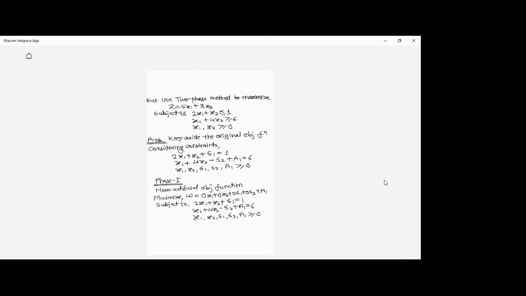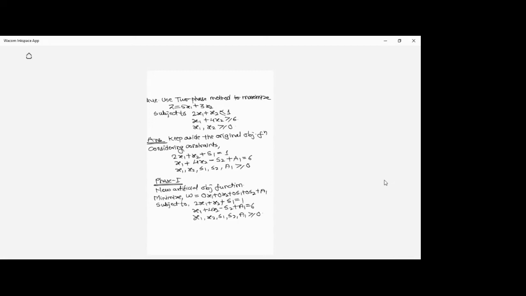All your constraints will remain the same. Only the objective function in phase 1 will be of a minimization type, and I've already told you how the objective function will be framed. That is, all the coefficients except for your artificial variable should be 0.